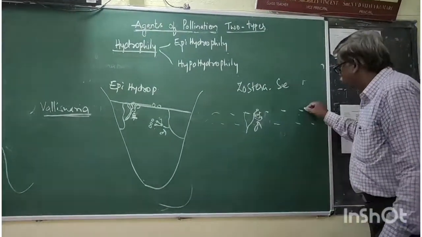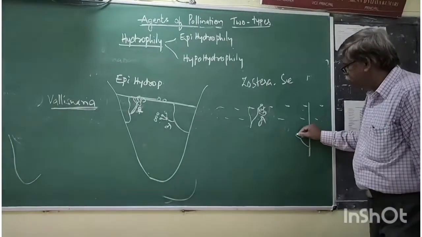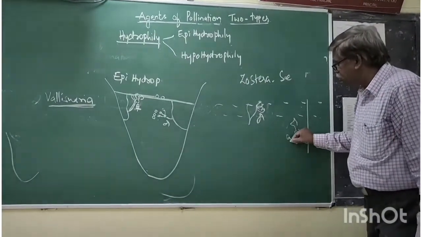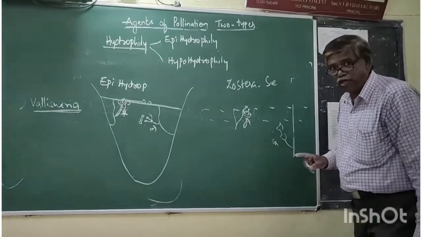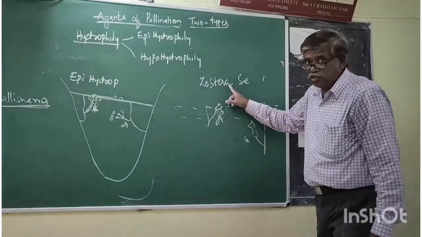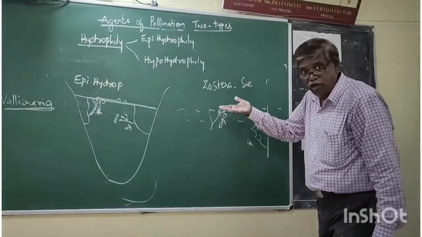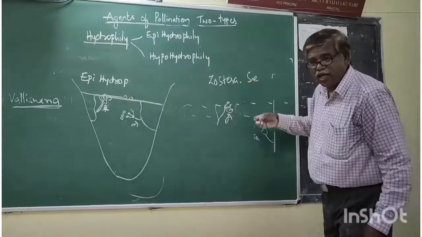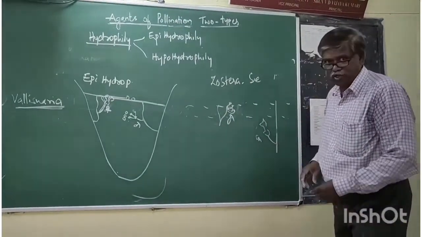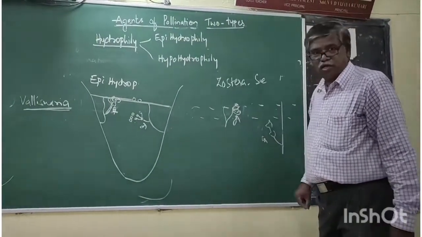Right. Now it is another Zoster. Now the female flower is submerged. That's the point. Right. Zoster. Male flower floating with a long style. Female submerged. Okay.